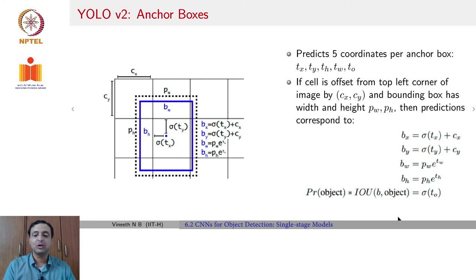So those are the different quantities that are predicted by the network and which relate to the actual bounding box that the grid location is trying to point to. Remember that each anchor box predicts only these 5 values. bx, by, bw, bh are the actual bounding box corresponding to these values given by the anchor box.